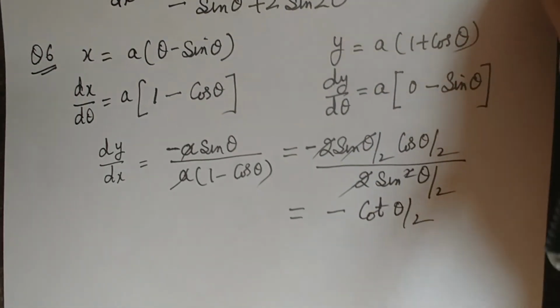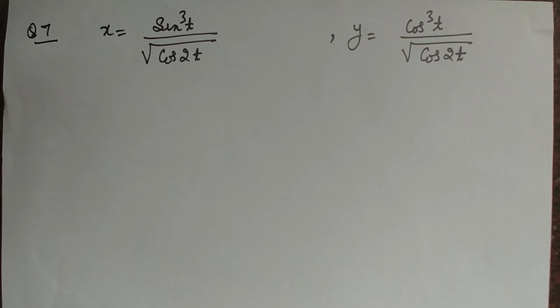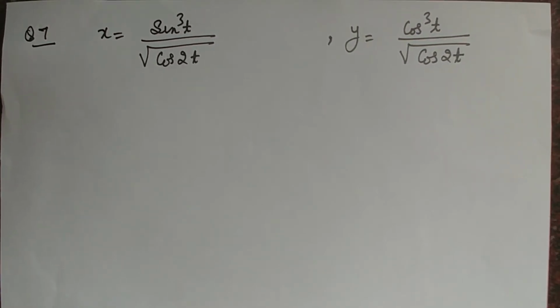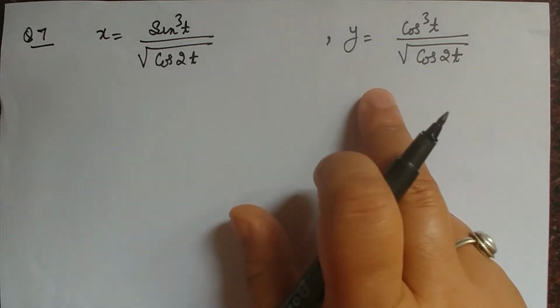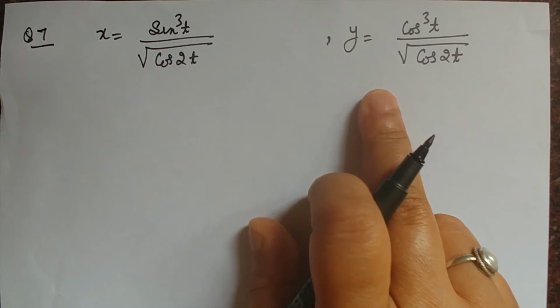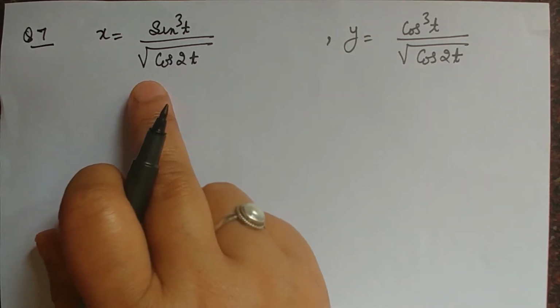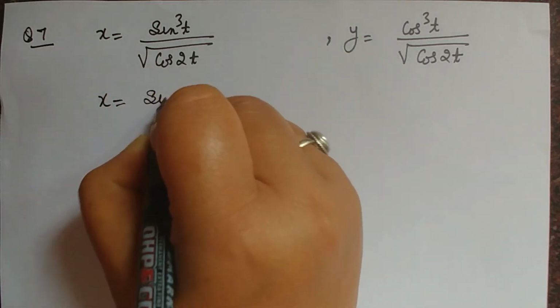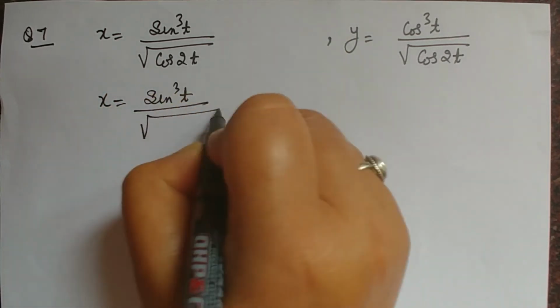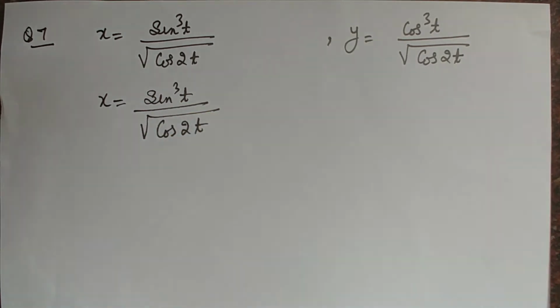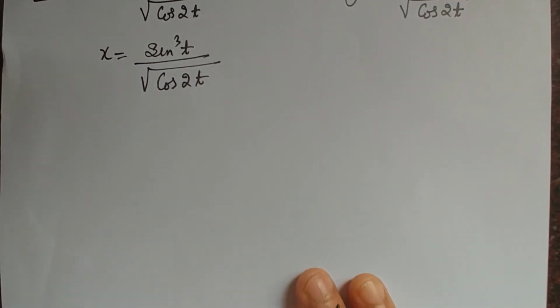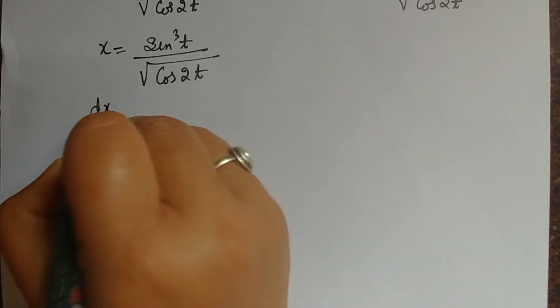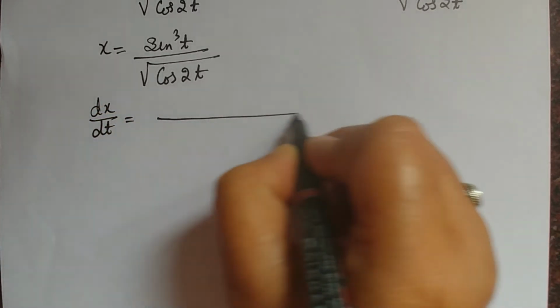Okay. Now question number 7 is a very important question, and let us find how to differentiate y with respect to x. Again, it is to be differentiated using parametric form. As there will be a bit of calculation, I will start with this. x is equal to sine cube t upon under root cos 2t first. Okay. So let us differentiate it. So dx upon dt, I have to apply the quotient rule.